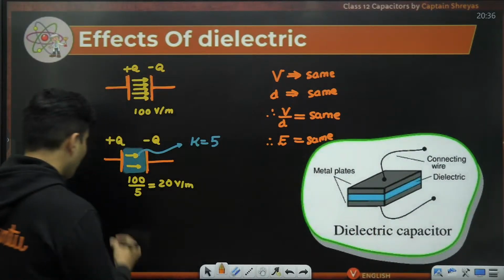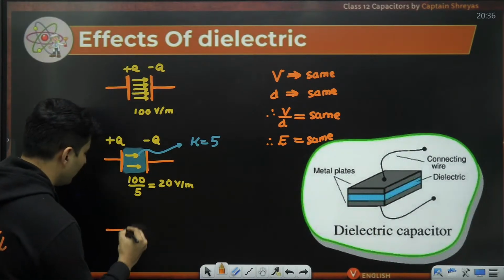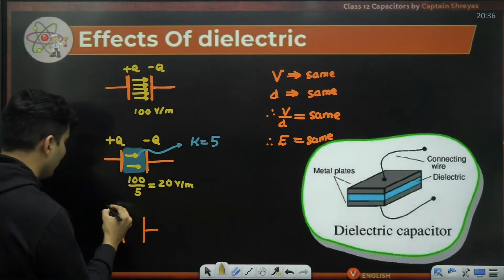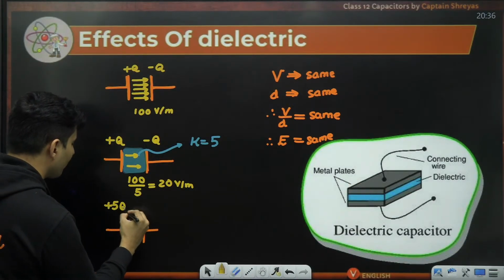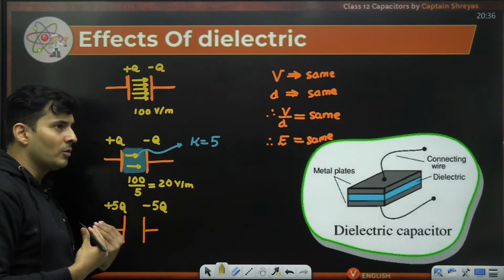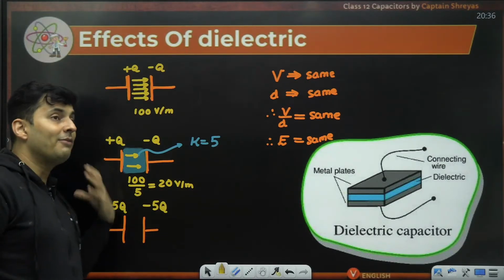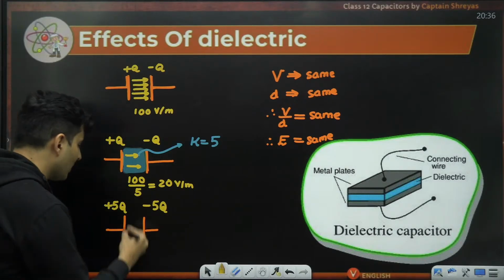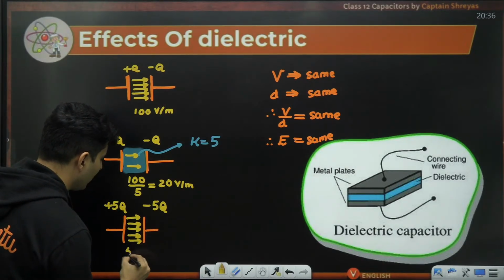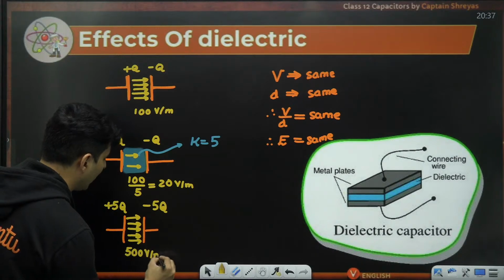So imagine in this scenario, if I make this charge over here 5 times more and this charge over here 5 times more, the field will also be, instead of 100, 500 without the dielectric.